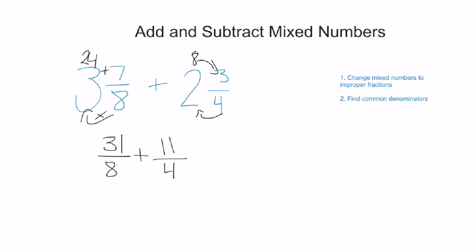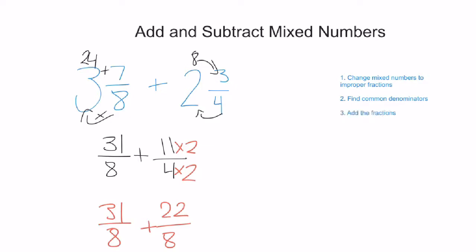So instead of changing both, I'm going to multiply my 4 and my 11 by 2. And now I have 31/8 plus 22/8. So again, if you are not comfortable with step 1 or step 2, you should stop here and go back to those lessons, because these skills need to be something we're comfortable with in order to solve.